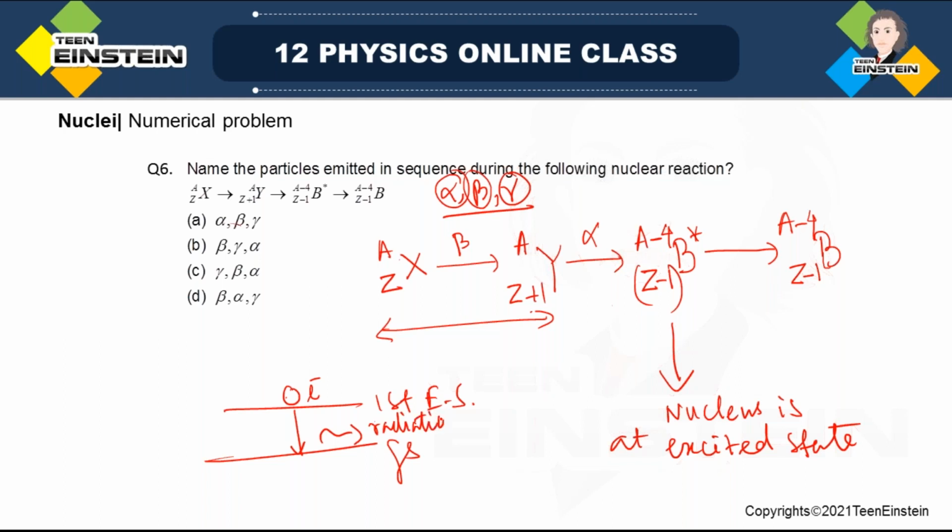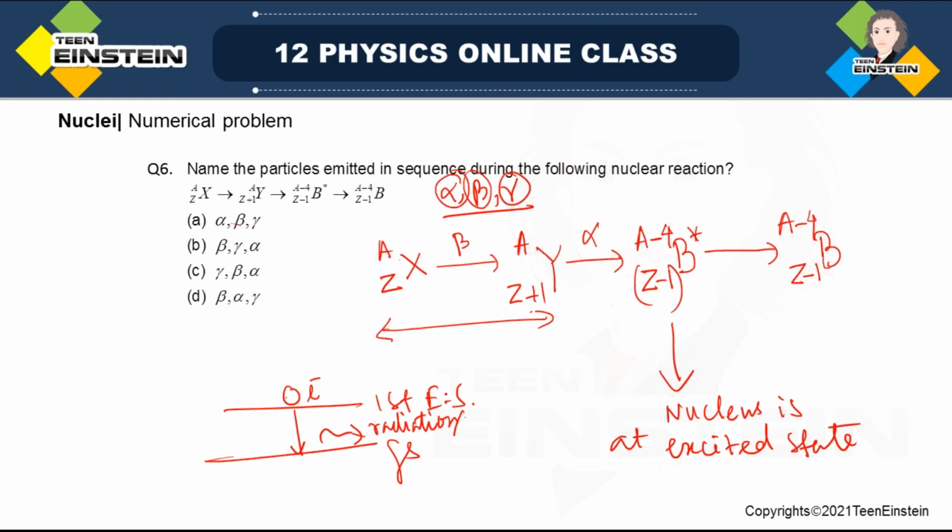For atoms this energy is very small, electron volt order. So it comes under either infrared, ultraviolet, or visible region. These are the regions where this radiation falls.